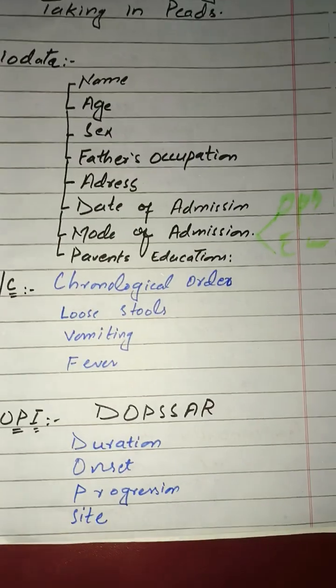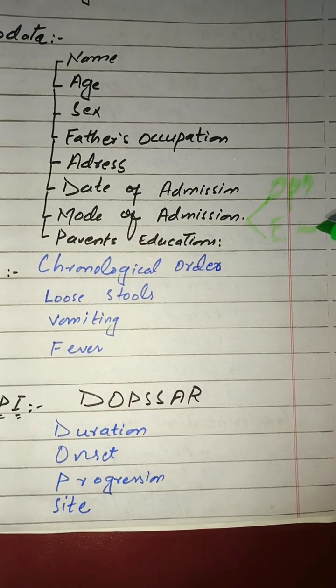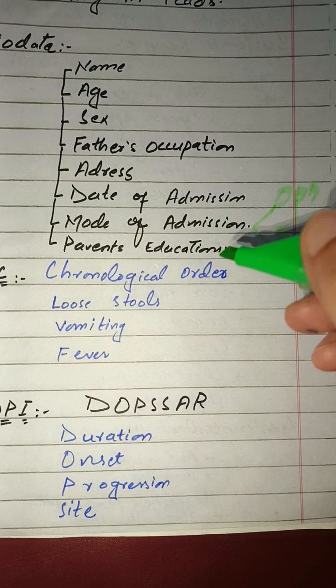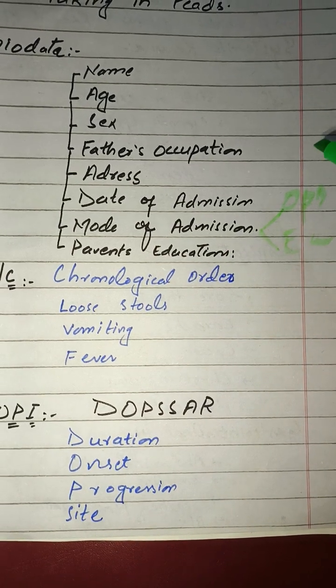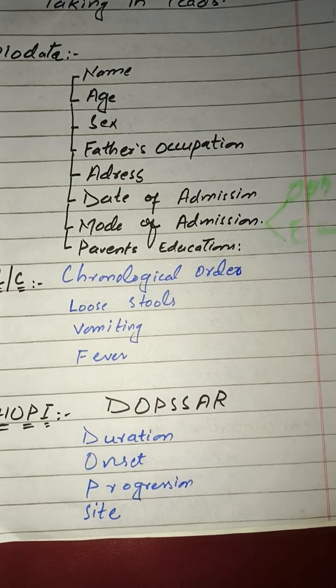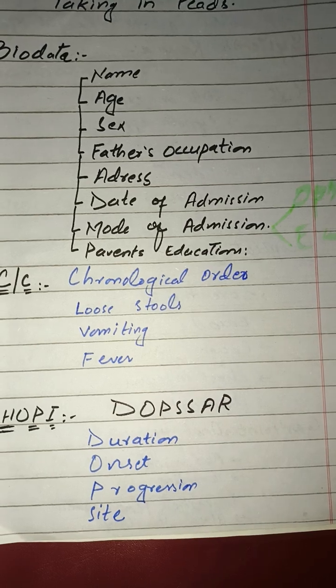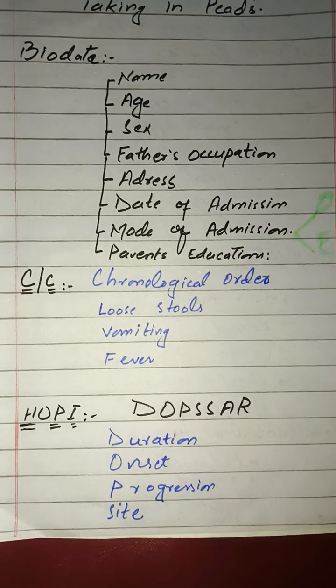Mode of admission is very important. If the patient is presented through emergency, we will deal with the patient promptly. But if presented through OPD, we will deal slowly, and we can take some time also.